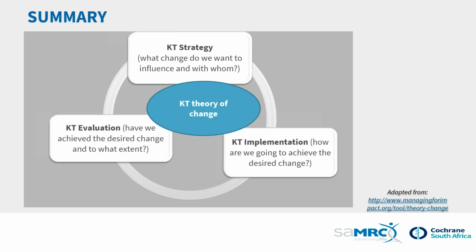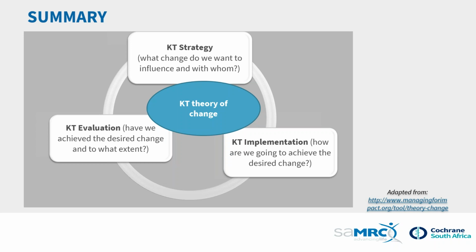I've also just listed a summary of how the theory of change ties together the KT strategy, the implementation of our KT, and also evaluation. So what we decide in terms of the pathway to the change that we want to see in our theory of change is something that ties in across our strategy all the way to what we evaluate.